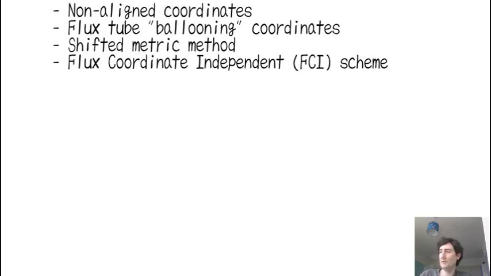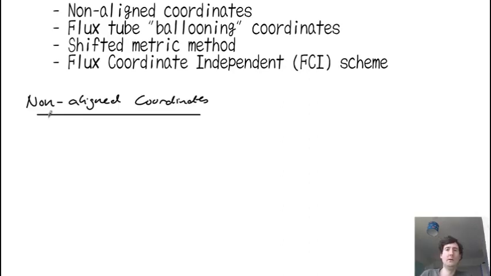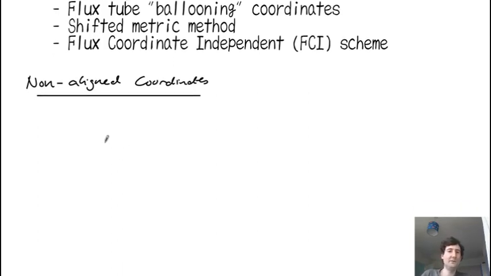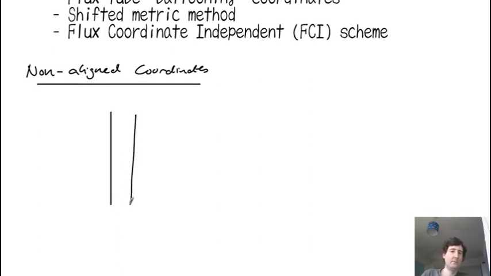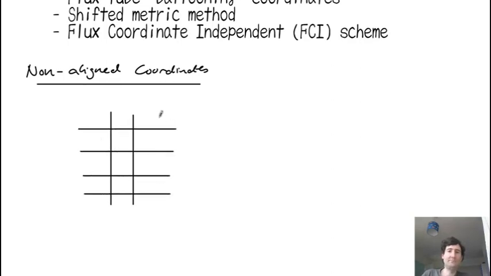So first, the non-aligned coordinates. One option is just to start with a grid, whatever grid you like really, and then solve the equations on it. This could just be a simple Cartesian grid, like this. So we have a simple square grid.